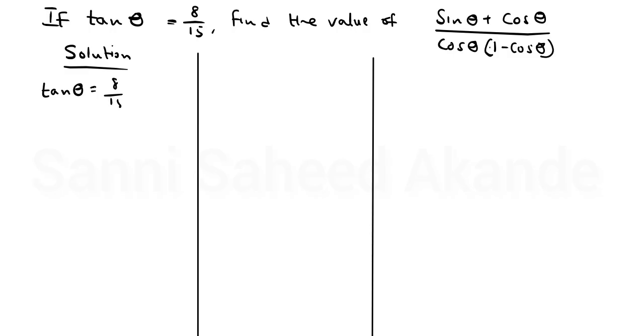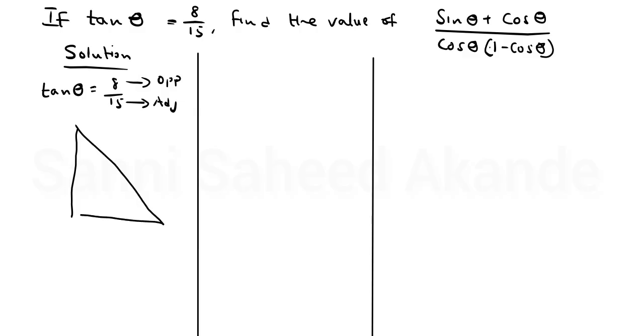And you know that this 8 is the opposite, and this 15 is the adjacent, because tan theta is opposite over adjacent, so you have to take note of that. So let me quickly sketch a diagram in order to find the third side of this triangle. Then we'll be able to find sin theta, cos theta, and compute the value of the fraction given to us. Okay, so I have this triangle.